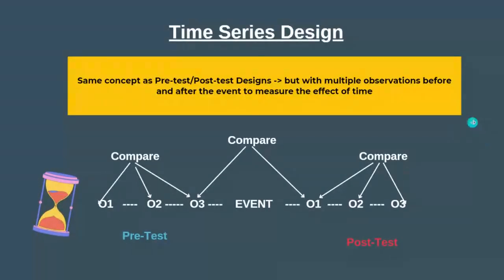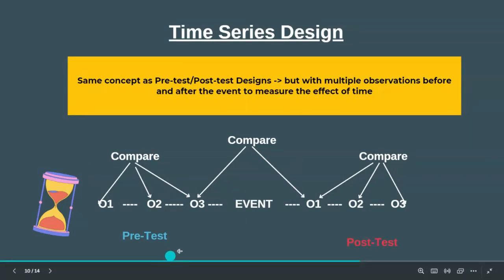Okay, time series design. Very similar, same thinking. It's exactly the same concept as a pre-test, post-test. It is a pre-test, post-test design, but the difference is that you have multiple readings on either side of the event so that you can try and take into consideration the effect that time has in the experiment. So that's trying to rule out maturation effects because you can get a better average before and after the event.